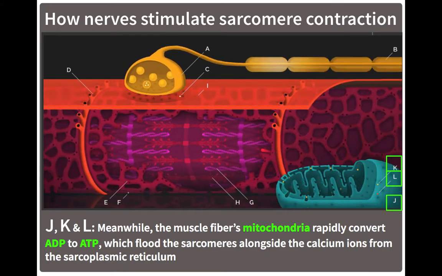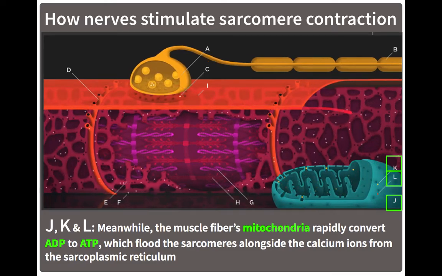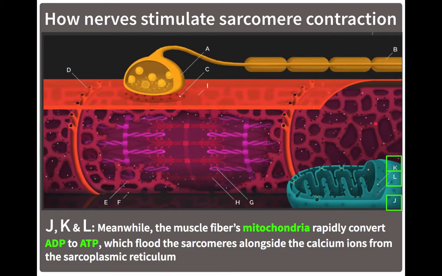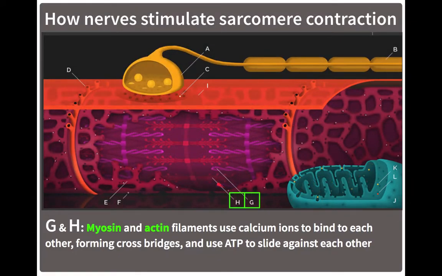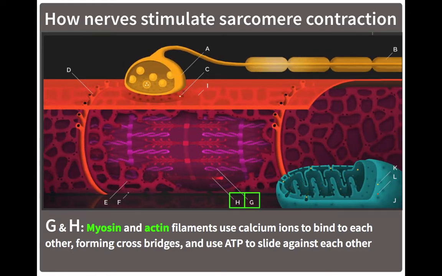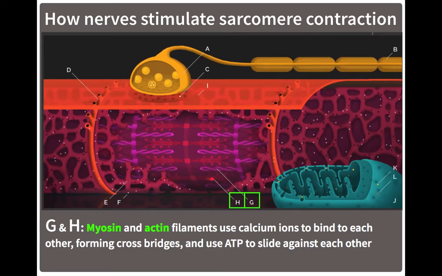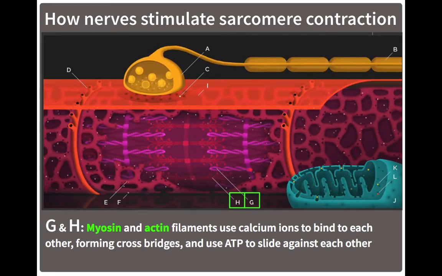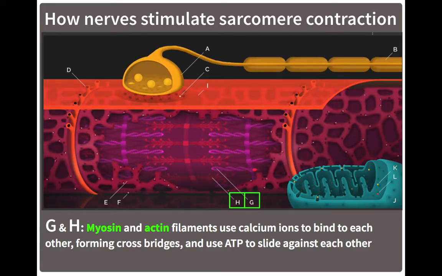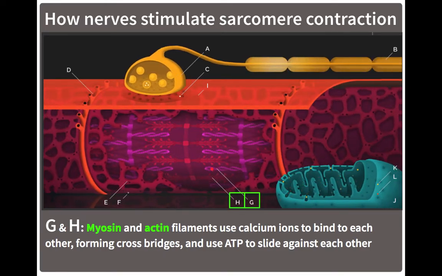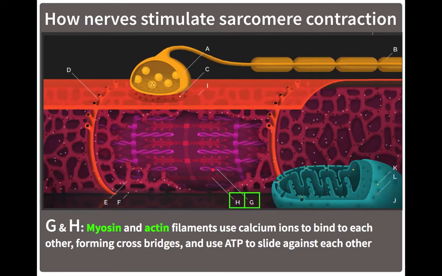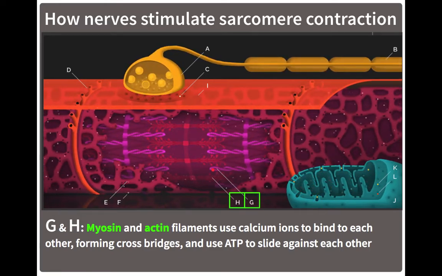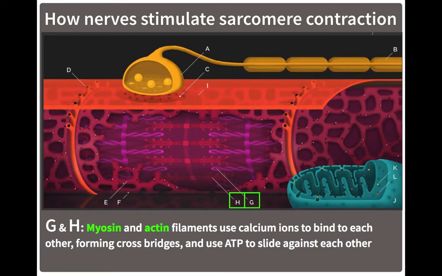And the ATP and the calcium are now both flooding the entire length of the muscle fiber, where they trigger the myosin filaments, which are shown right here with letter H, and the actin filaments, which are shown in magenta, letter G. They trigger the myosin and the actin to bond to each other and form what are called cross bridges, or connections between the myosin and actin filaments.